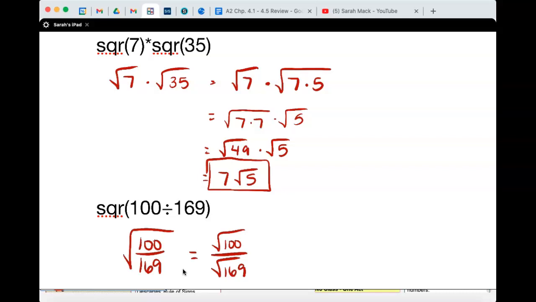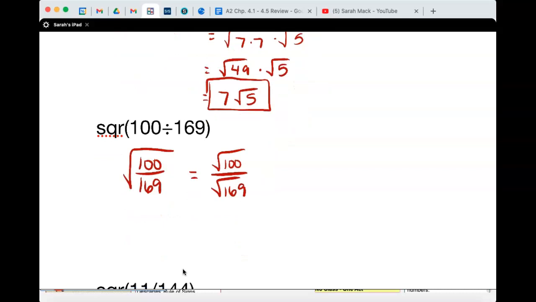What is the square root of 100? 10. The square root of 169? 13.